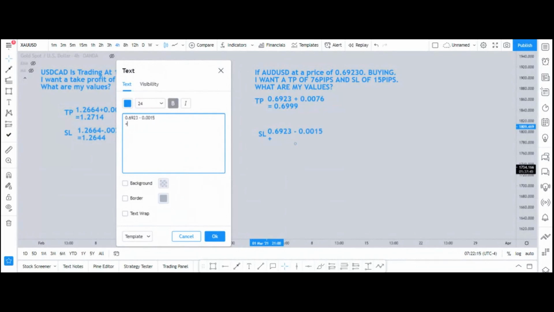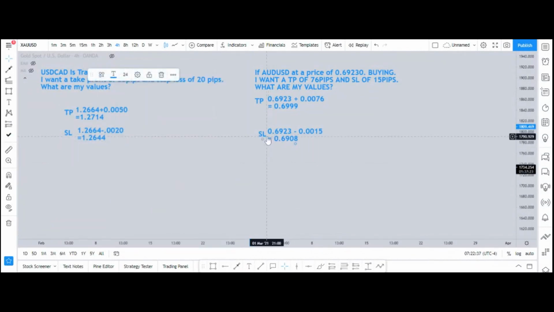That will be equal to what? First, to calculate this properly, 3 from 5, not possible. We need to borrow 1 from 2. That's 13 from 5. That will give us 8. 1 from 1, 0, 9, 6.0. Very simple. That's the stop loss value for AUDUSD.